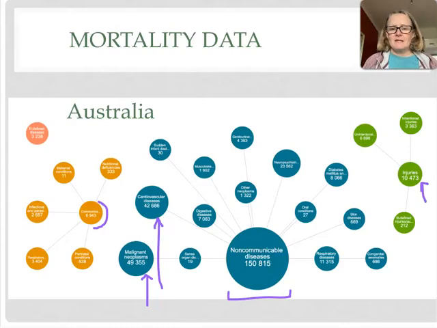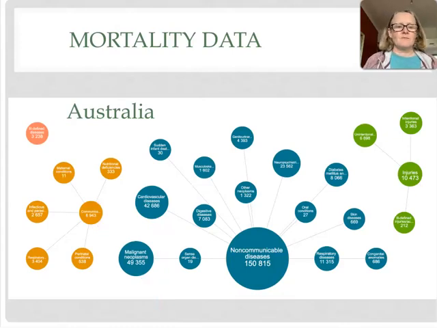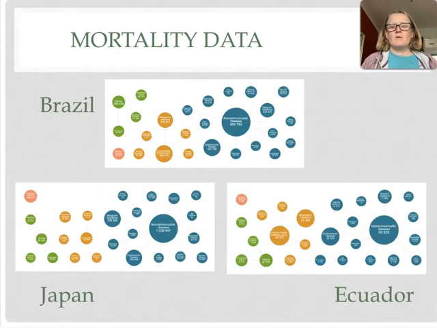Let's compare this data to other countries. So same colours, different countries. We've got Brazil, Japan, and Ecuador. Try to pick 3 countries that you will have heard of, but also you'll be aware that they have different socio-economic backgrounds. But look at the pattern, it's still the same. Non-communicable diseases, non-infectious diseases, is the largest circle on every page.